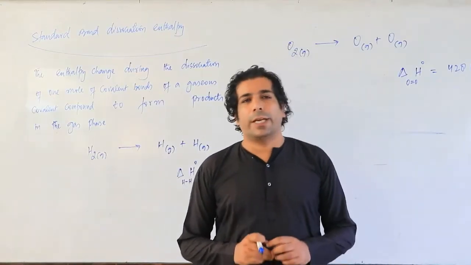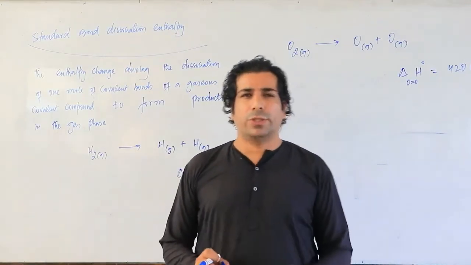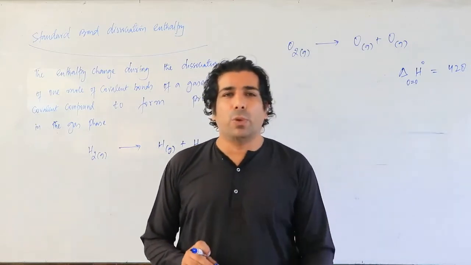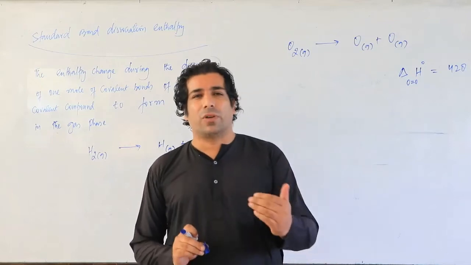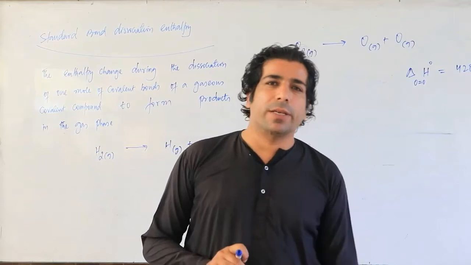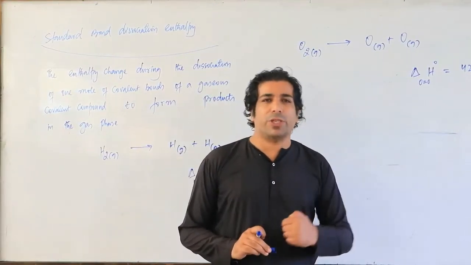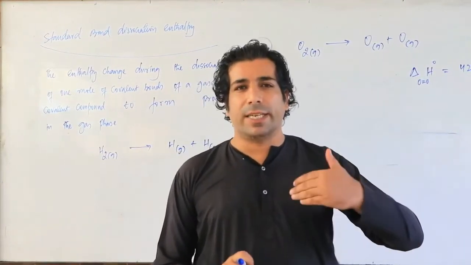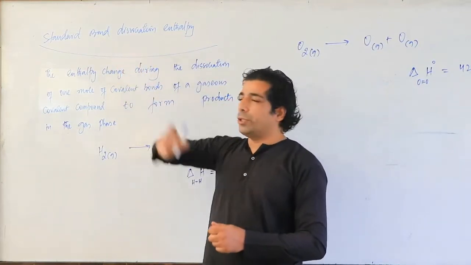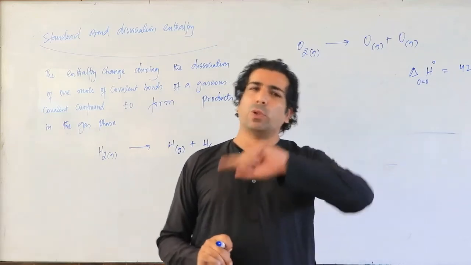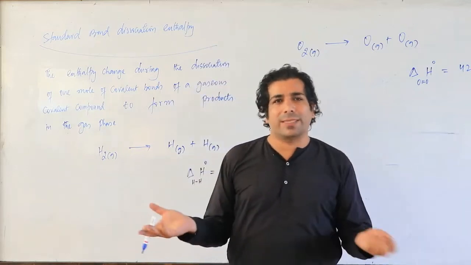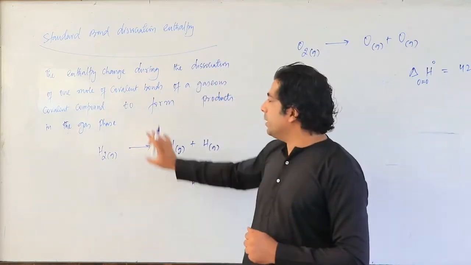So dear friends, I told you that the standard bond dissociation enthalpy is exactly opposite of standard bond formation enthalpy. Standard bond dissociation enthalpy is endothermic and standard bond formation enthalpy will be reverse, that is exothermic, my dear friends. So let us study the standard bond dissociation enthalpy and remember opposite of this will be the standard bond formation enthalpy. That is not a big thing, it's a very easy topic. So let us have a look here.